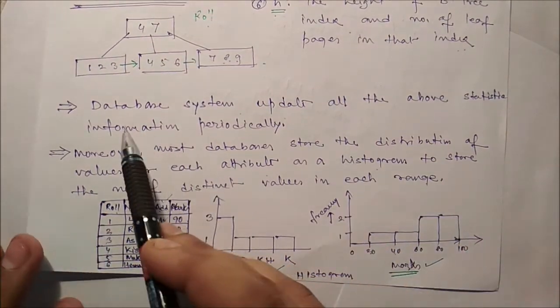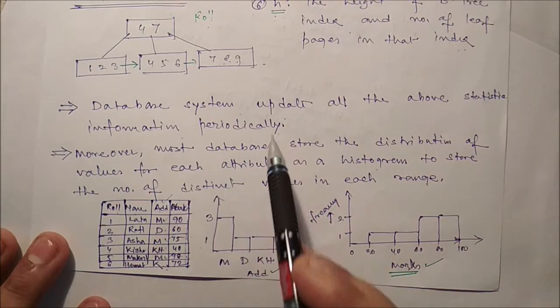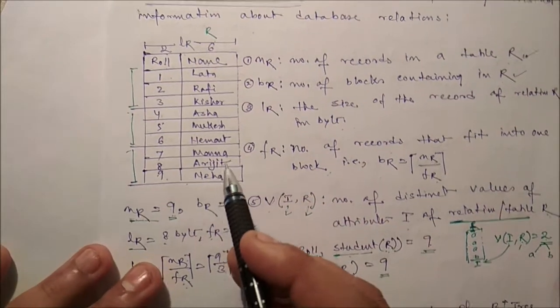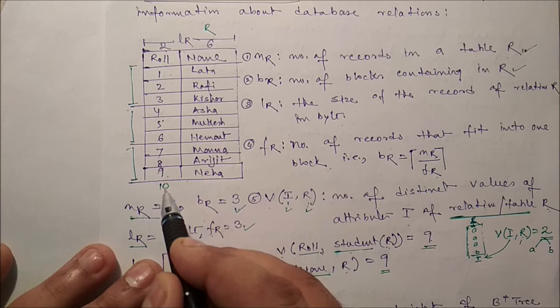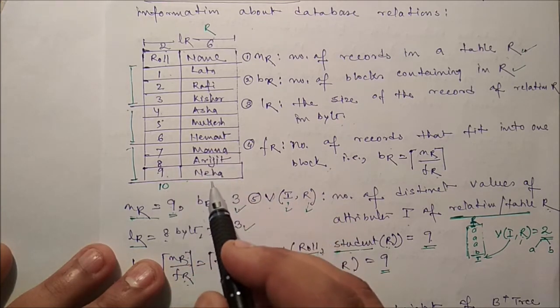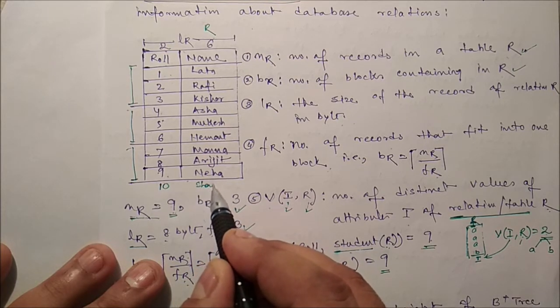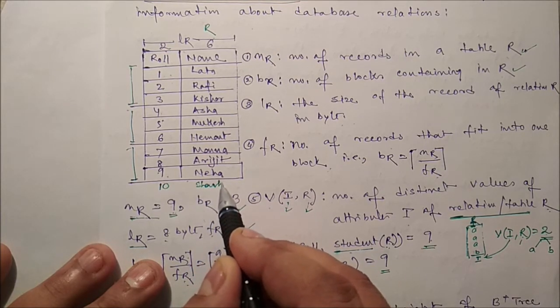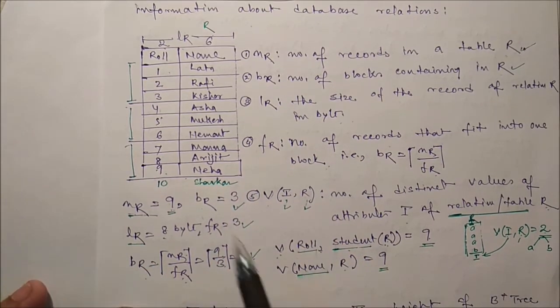Next, the database system updates all the above statistical information periodically. Say here one table is there. It may be possible that a new student takes admission, say roll number 10 and name of the student, say Shankar Mahadevan. Okay, he's a great singer and composer. So definitely we have to update everything.